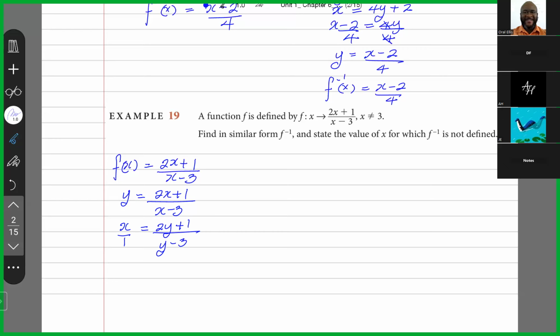So we need to get rid of the fractions. And if I have one fraction is equal to one fraction, to get rid of the fraction, I would cross multiply. So I have 1 times 2y plus 1 is 2y plus 1 is equal to x multiplied by y minus 3.